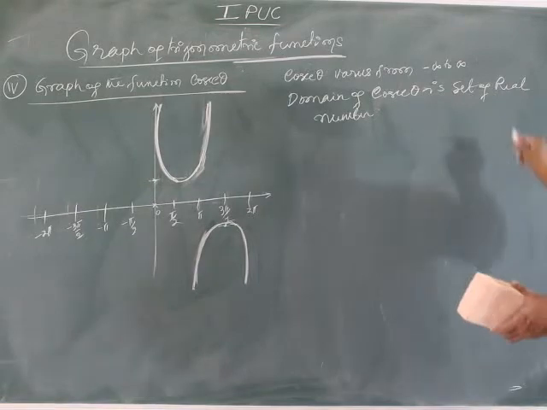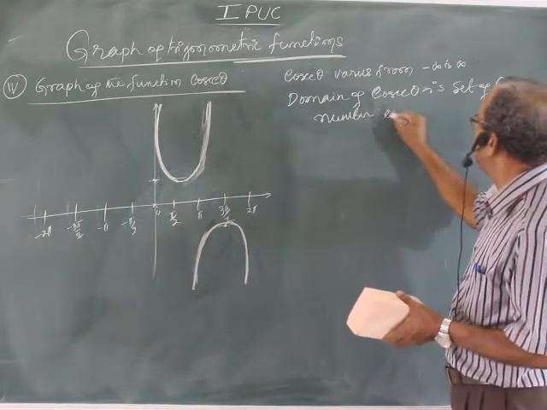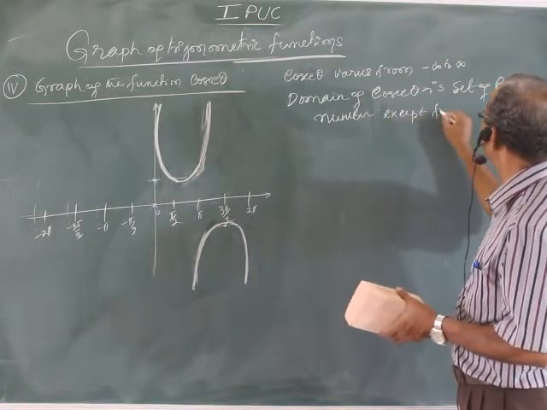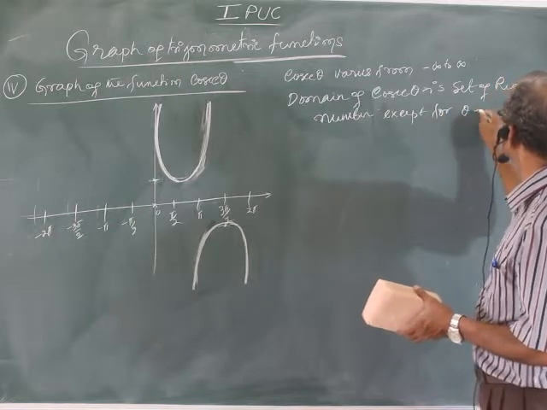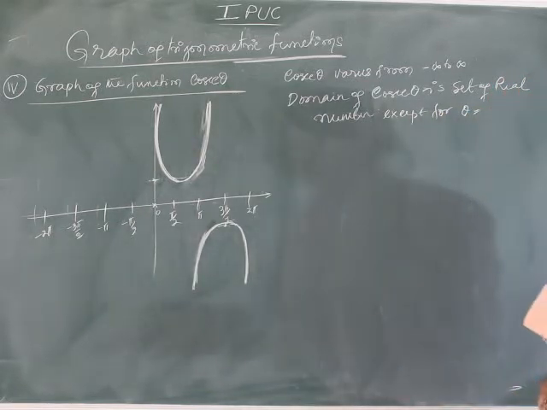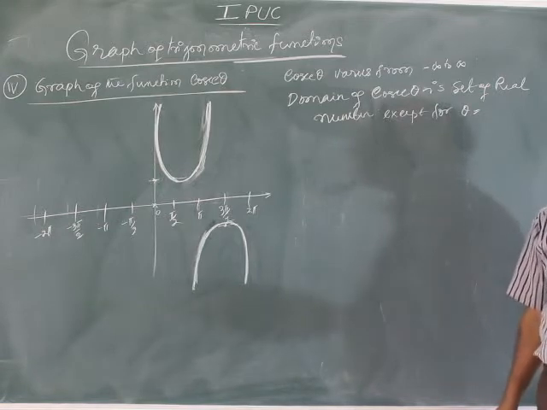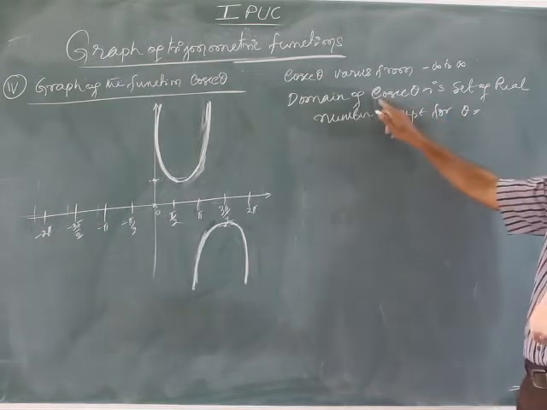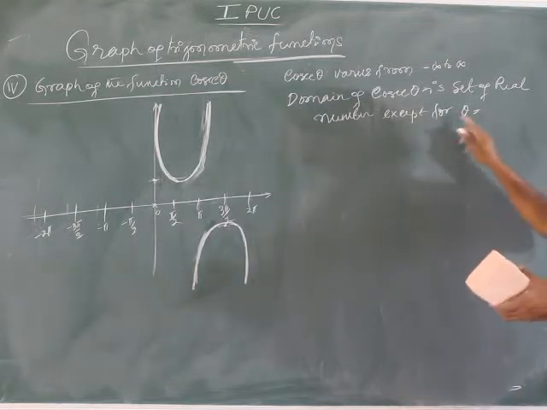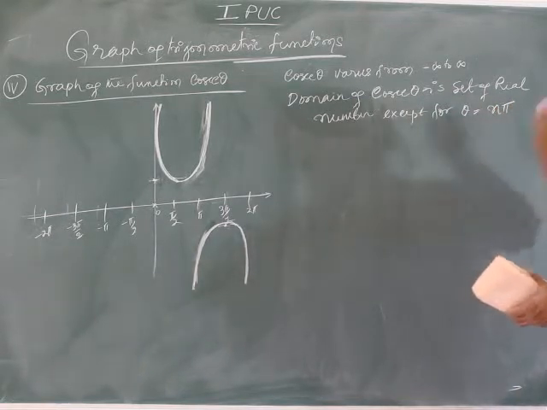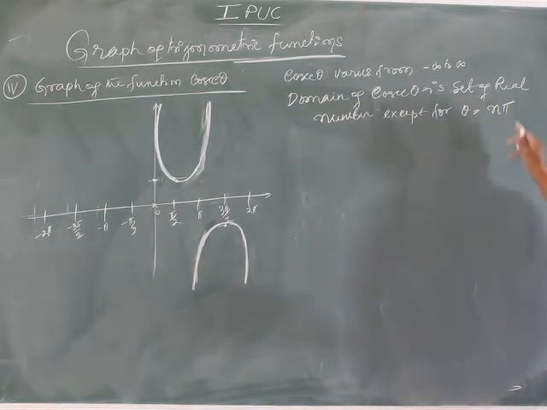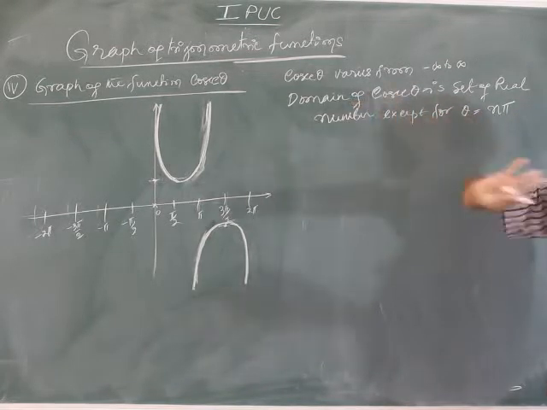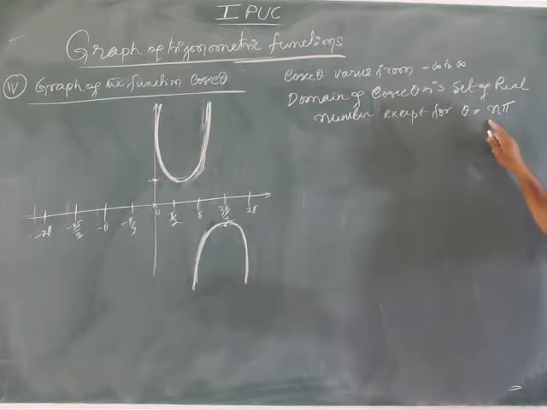So let me avoid that. Set of all real numbers except for multiples of 180 degree, n pi. Sin 0 is 0, cosecant is not defined at 0 degree, 180 degree, n equal to 1, 2, 3, etc.